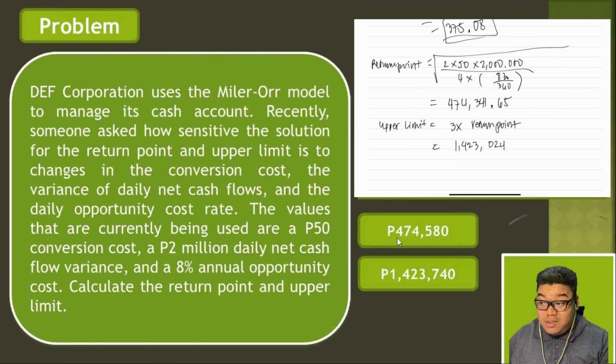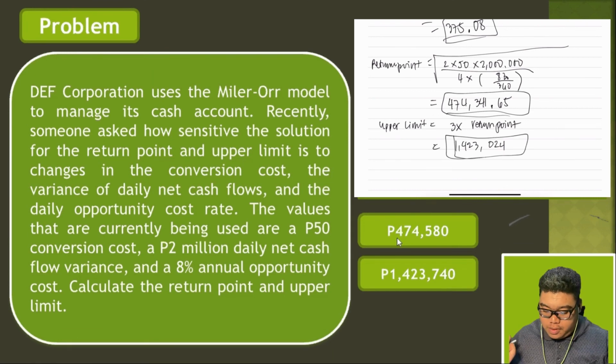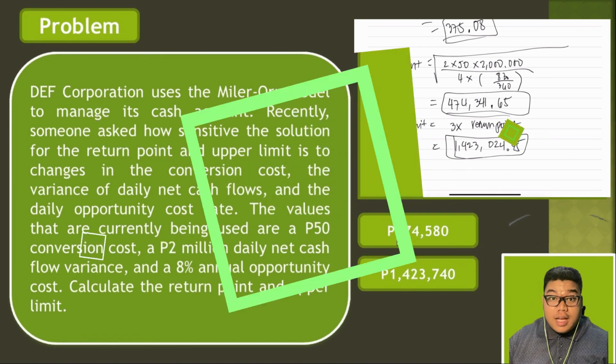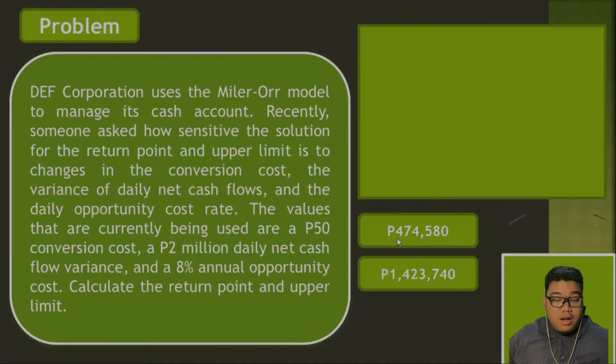So actually these are rounded off figures. The amounts that are here on the answer are rounded off figures. So if we would use continuous computation, this would be our amount. That is 0.95. Okay, moving forward.